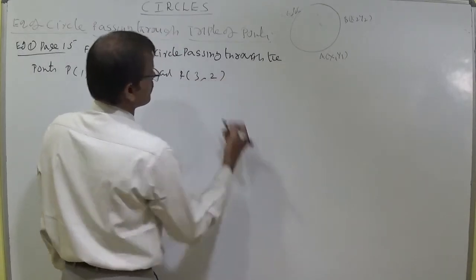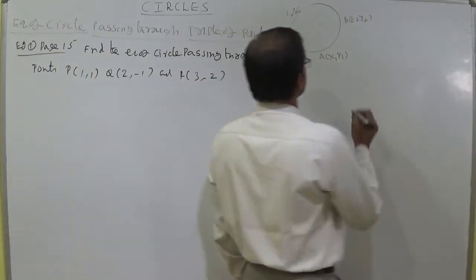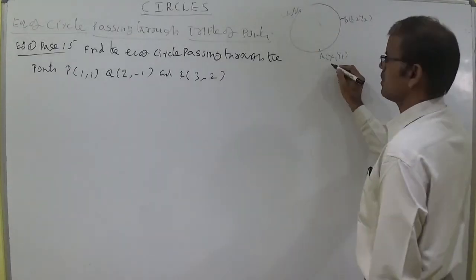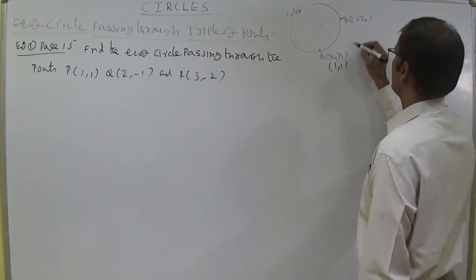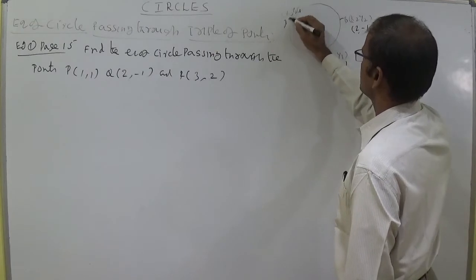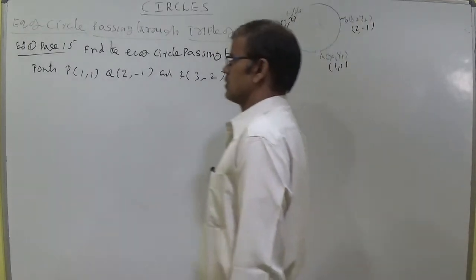Total 3 points are given. Let the points be A, B, C or P, Q, R, anything. Draw the circle and write here (1, 1), here (2, minus 1) and here (3, 2).